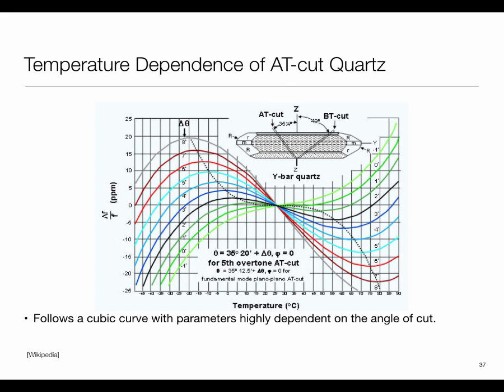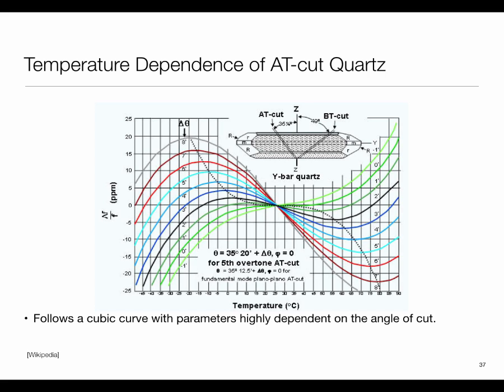This is for quartz crystal, so you see the same kind of phenomenon, temperature versus stability. In this case, the curve is quadratic in shape, and what these different curves correspond to is errors in the cut. There is a cut which has no error, but then each one of these corresponds to a 1 minute error in the cut angle.